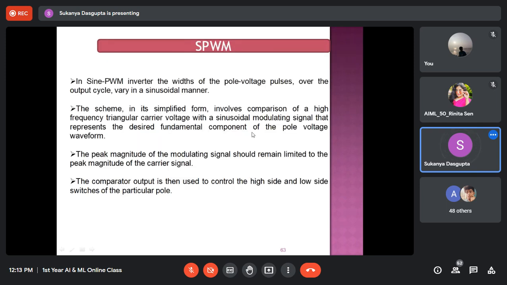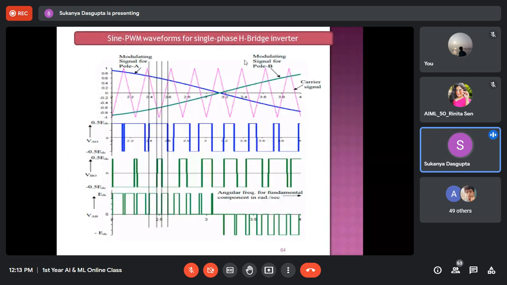Okay. So next is PWM, the sine pulse width modulation technique. Sine pulse width modulation technique is one type of PWM technique where the modulating signal is a sinusoidal signal. The PWM strategy means the comparison between a modulating signal with the triangular or high frequency carrier signal as shown in this slide.